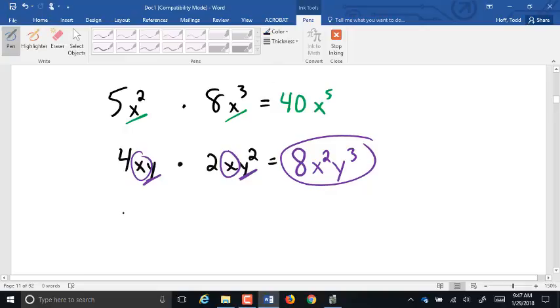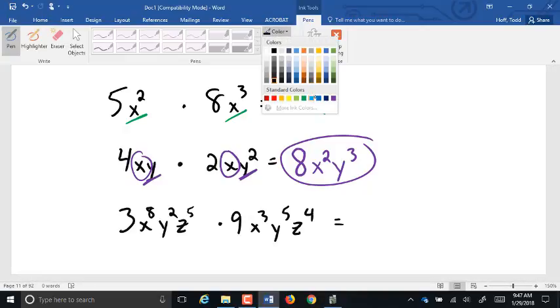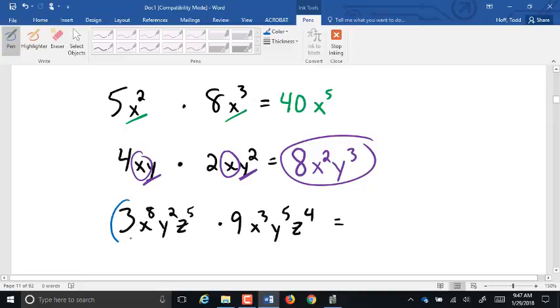We might have 3x to the 8th, y squared, z to the 5th, times 9, x to the 3rd, y to the 5th, z to the 4th. Just like before, we combine the numbers, combine the counts. 3 times 9 is 27. Then we'll do each name or each variable separately.